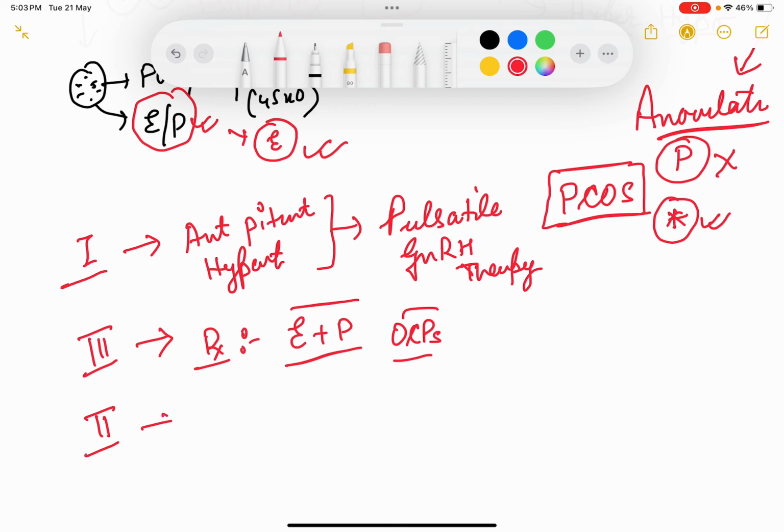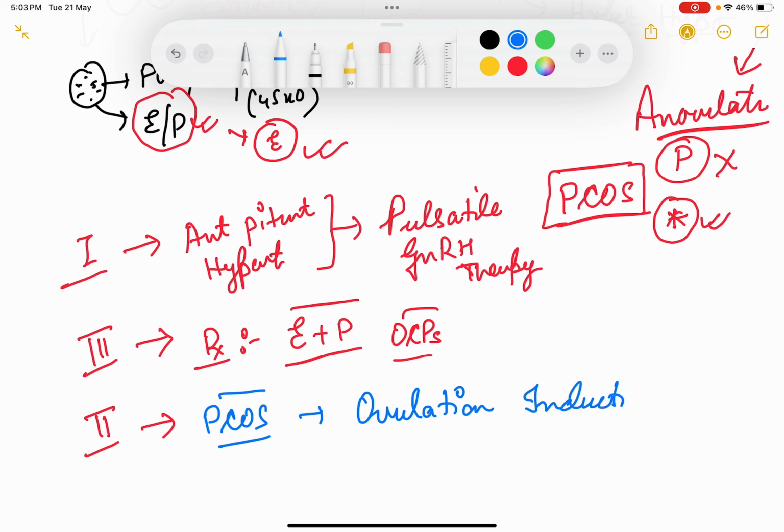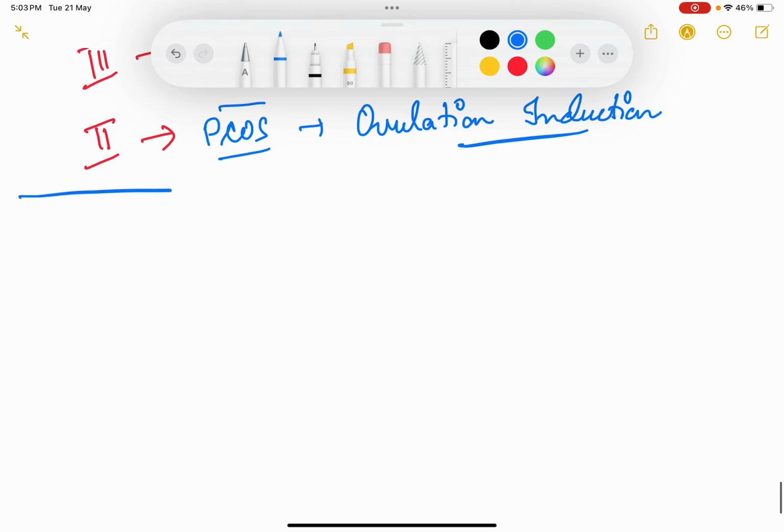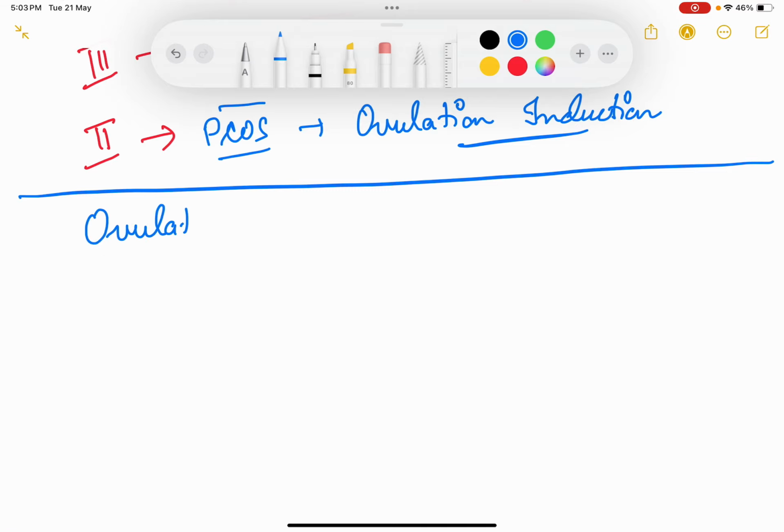And if it is a class 2 defect, then it is in the form of PCOS. There you have to go for ovulation induction, because these patients have difficulty in ovulation, that is, problem in egg release, so we have to go for ovulation induction. Now let us read how do we generally do ovulation induction in patients of PCOS.